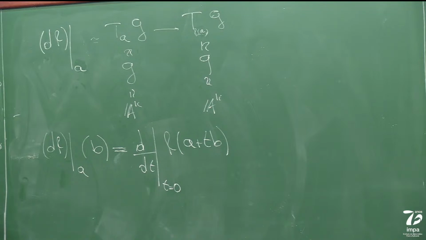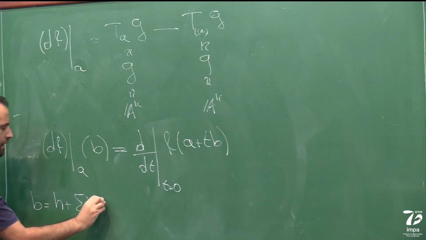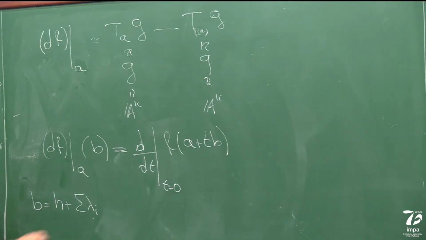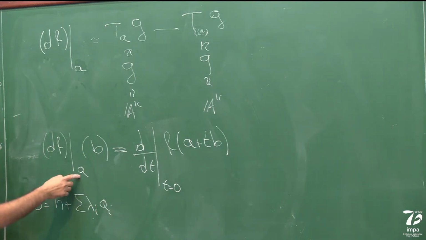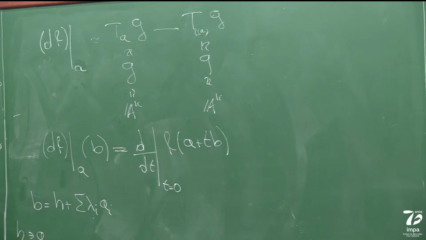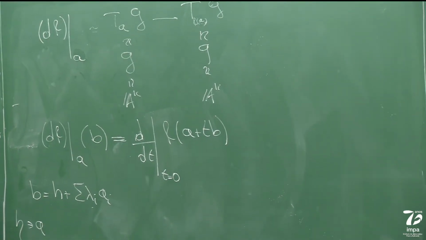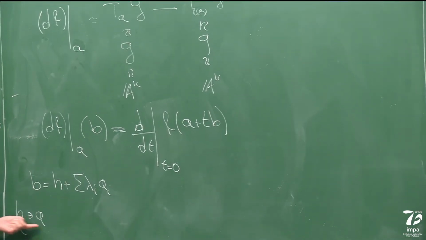Okay? So now the general element B is written as H plus the sum of lambda I AI. And my element A, I'm free to choose A whatever I want, so I'm going to choose it to be in the Cartan subalgebra.